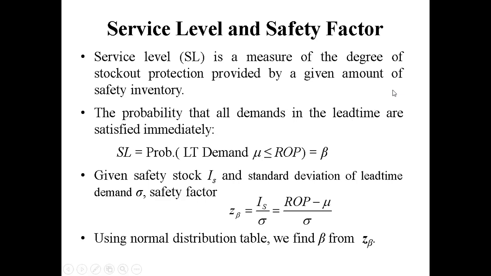So service level is given by the probability that the lead time demand mu is less than or equal to the reorder point, and it is also given by beta. So why is it like this?